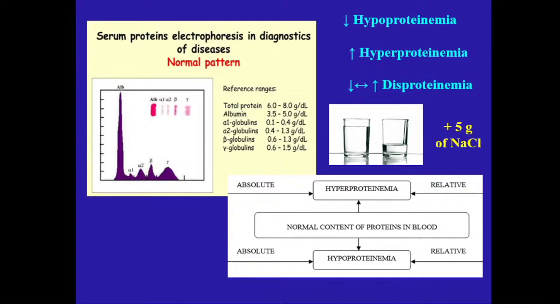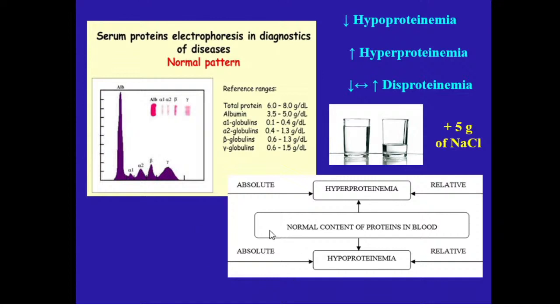So, different inflammatory diseases lead to an increased quantity of alpha 1, alpha 2, and beta globulins, and infections or the appearance of many foreign antigens, irritation of the immune system will lead to the overproduction of gamma globulins, of antibodies. So in this case, we will have absolute hyperproteinemia.